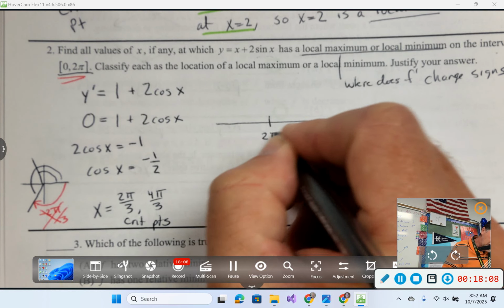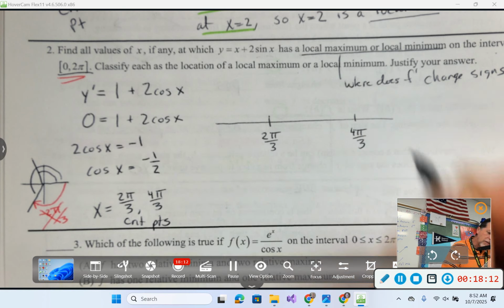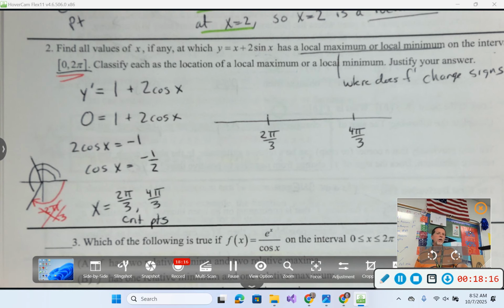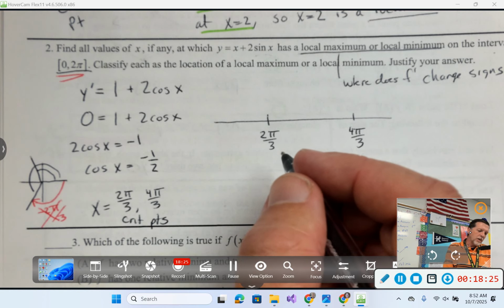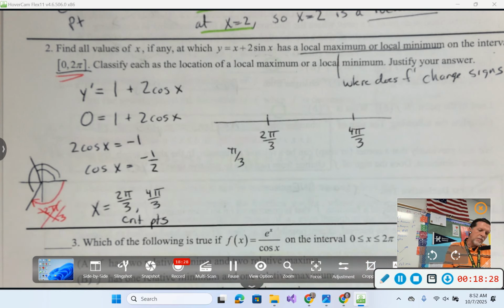Number line, 2 pi over 3 and 4 pi over 3. So what would you like to check that's less than 2 pi over 3? Pi over 3 works. I was going to go 0, but pi over 3 might be better.